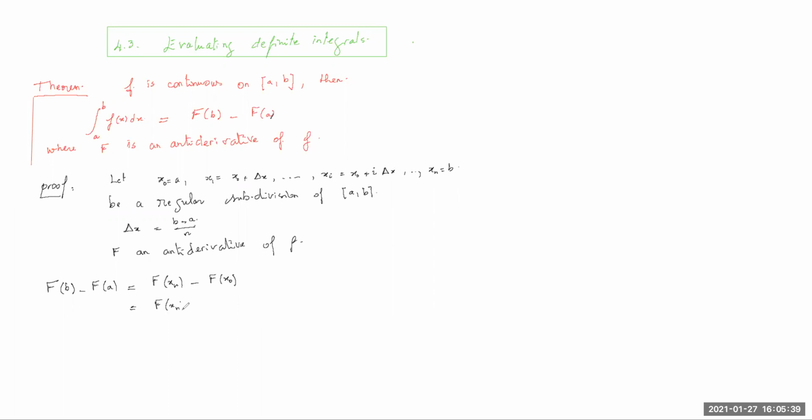We will add a term and subtract a term, so that we don't modify the original expression. So F(xn minus 1), then I add F(x(n-1)). Of course they thought about it; here I'm just giving the idea of how they did it.